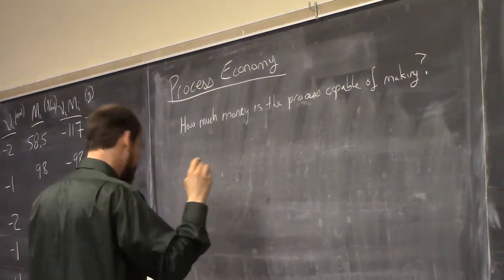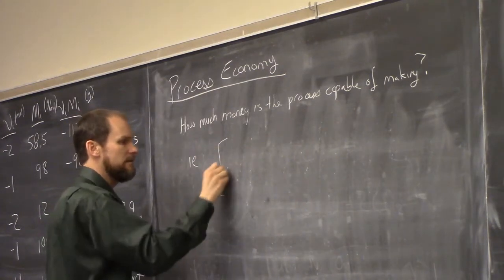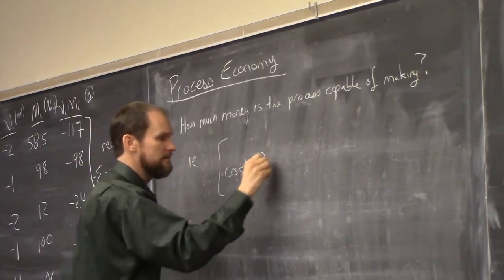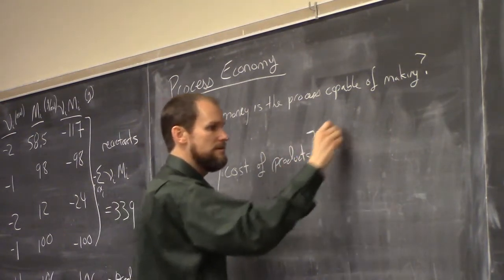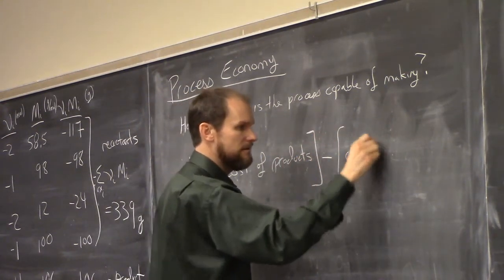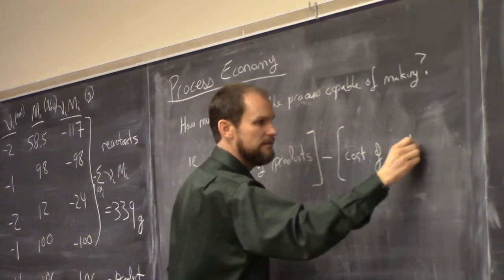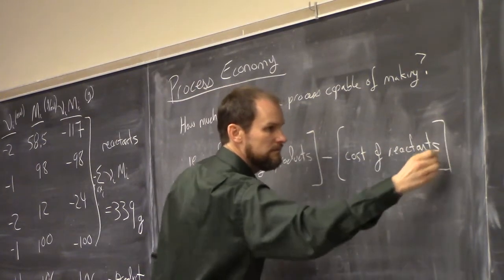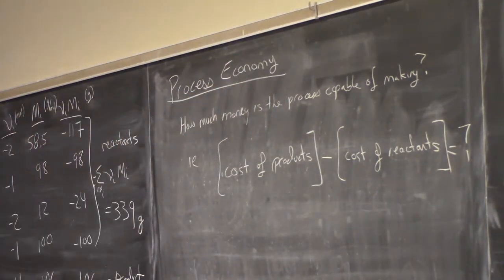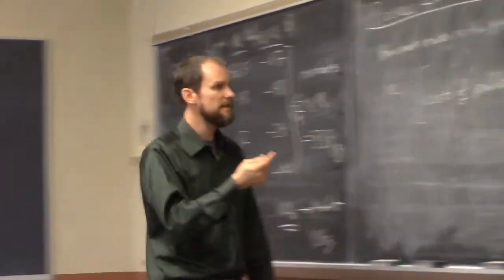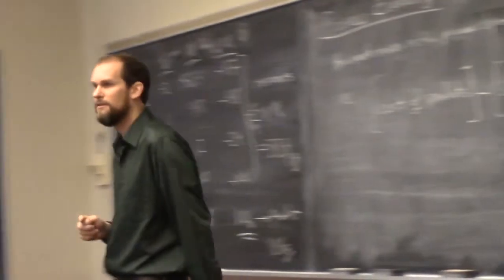The easiest way of doing this would be the cost of the products minus the cost of the reactants. This still doesn't say everything, right? What else would we be missing? Well, if the byproducts are sellable, we could put that into here.